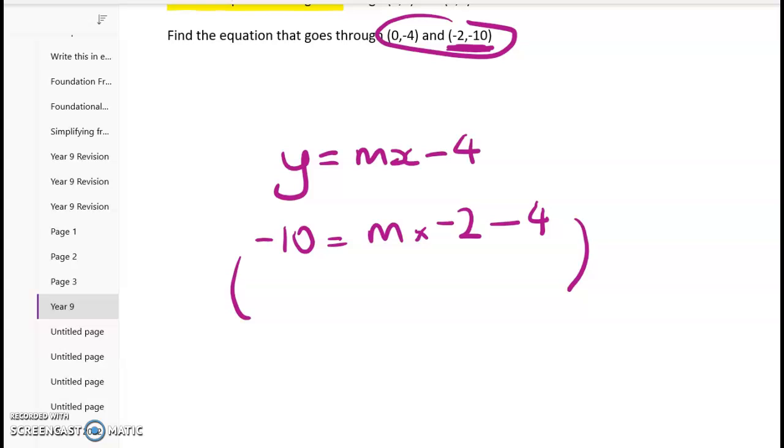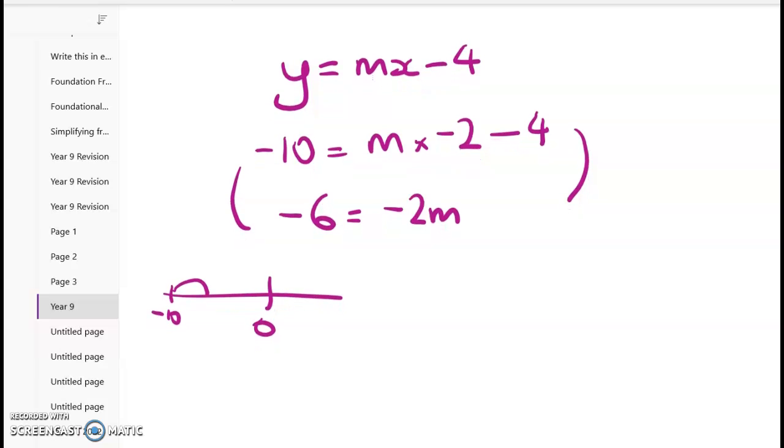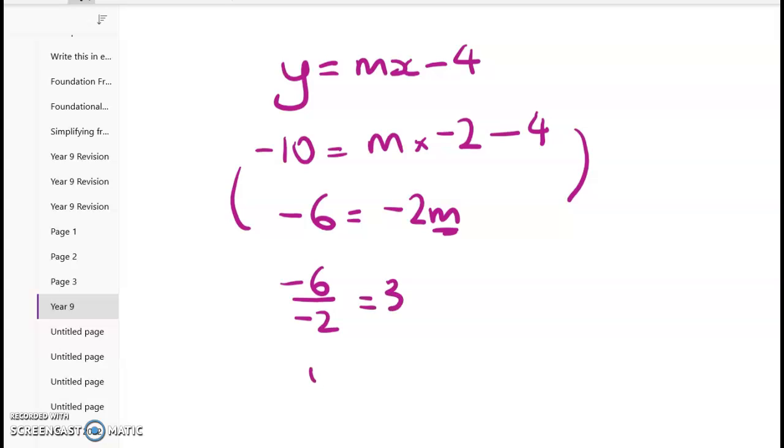So -10 plus 4 means I'm going to go to -6 is equal to -2m. Now I'm going to divide both sides by -2, or I'm just going to look at it and see what it's going to be. So m must be equal to 3. So -6 divided by -2 is equal to 3. y is equal to 3x take away 4.